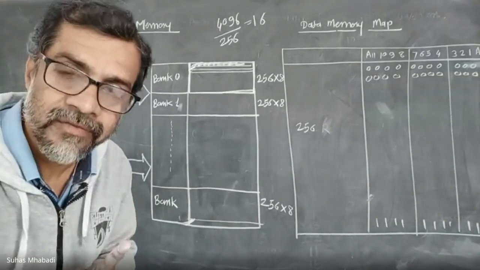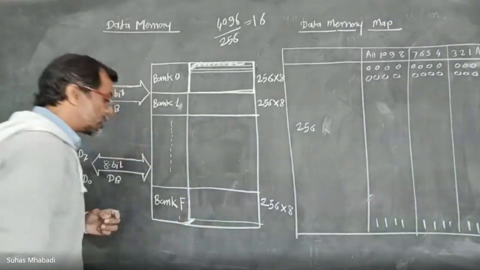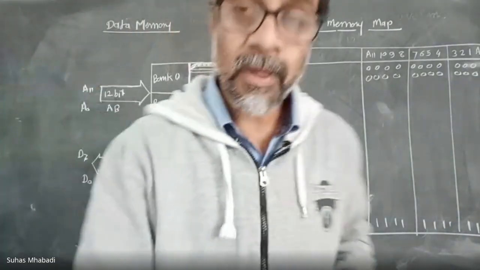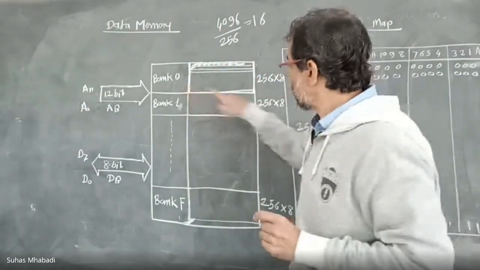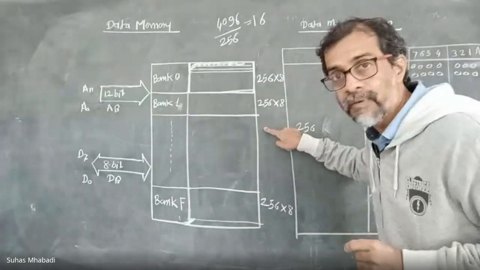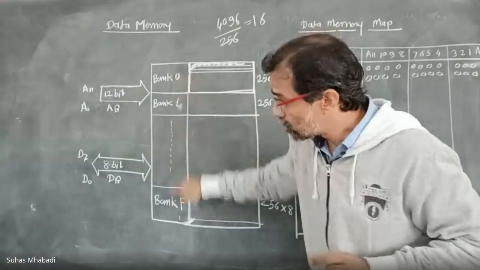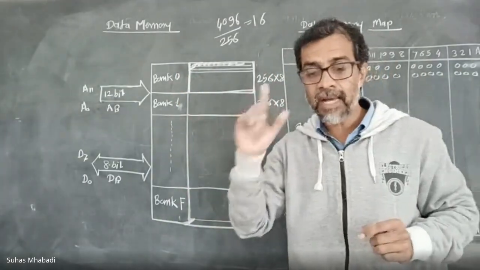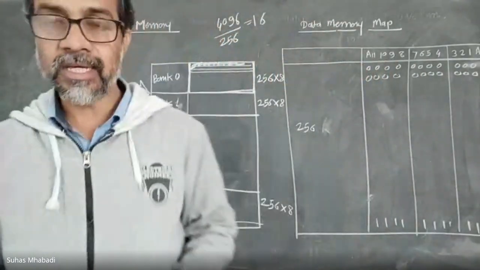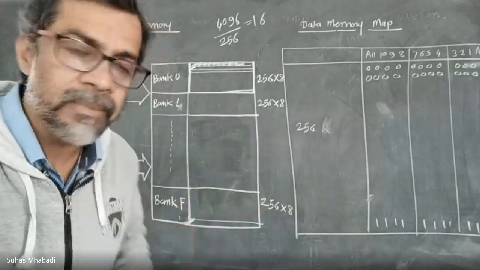If I convert 15 to hexadecimal, it becomes bank F. So my first bank consists of 256, second consists of 256, 256, 256. Likewise, we have a total of 16 banks, and every bank consists of 256 registers. Each one of them is 8 bit.